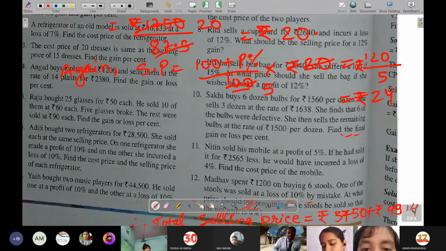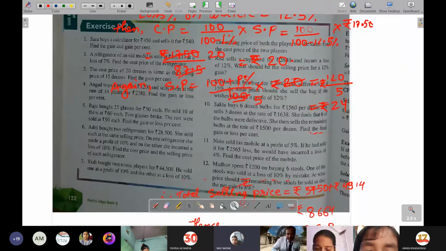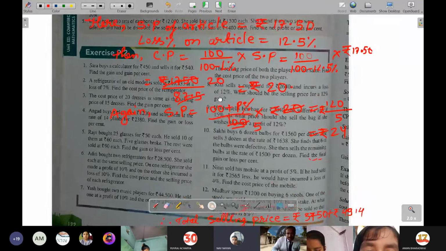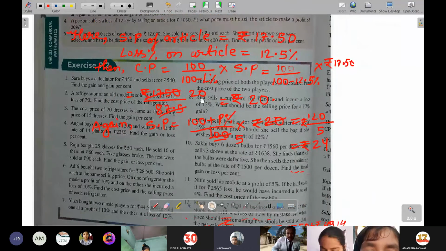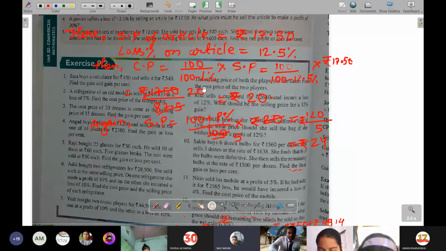Okay. Now let's come towards question number 7, is it? Yes, sir. And in 6 also, sir, it says Aditi bought 2 refrigerators for 28,500. She sold each of them at the same selling price. On one refrigerator she made a profit of 10% and on another she incurred a loss of 10%.